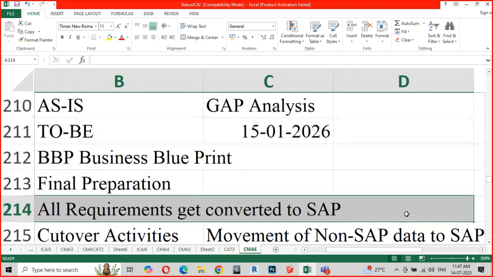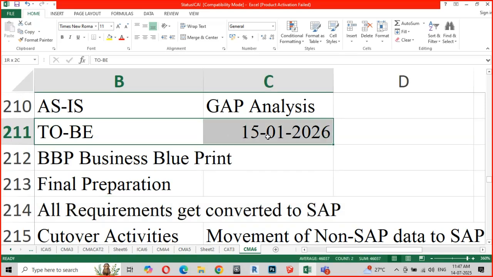Maybe say on the 15th of January 2026. So I have assumed that I will be taking this much time to deliver SAP. So by the 15th of January 2026, I would be in a position to deliver the SAP product to the implementing company.